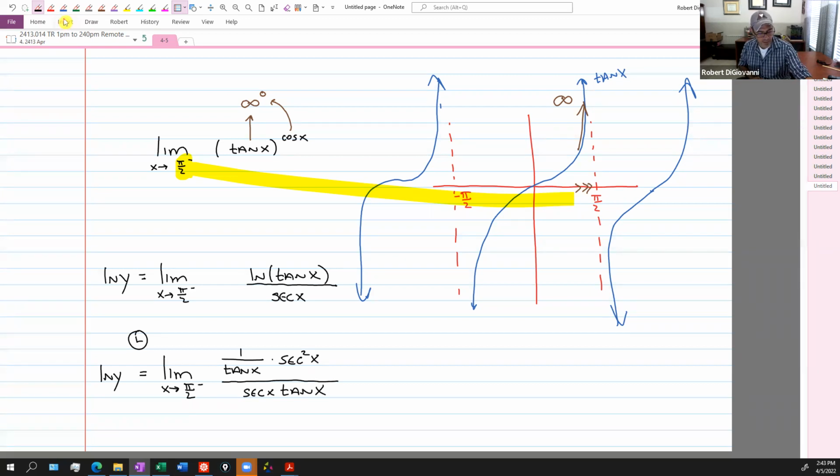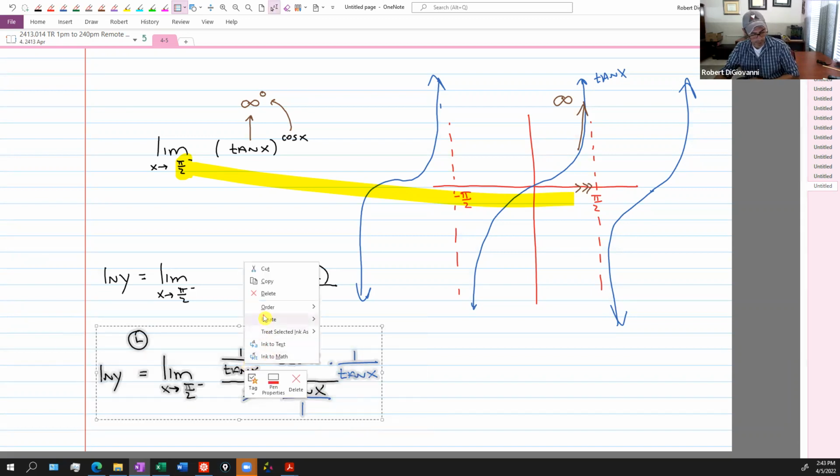And some things get nice here, I think. I can kill off one of the secants right away, and then the tangent over 1 can flip up as a 1 over tangent like this. So that gives me yuckiness, I guess.